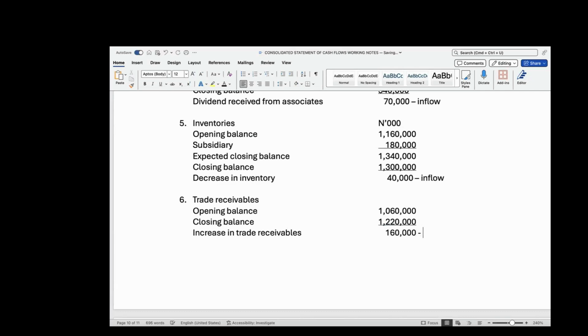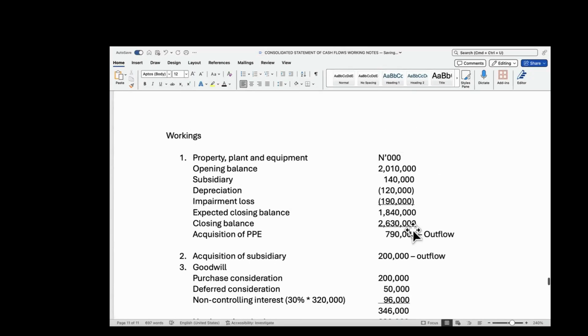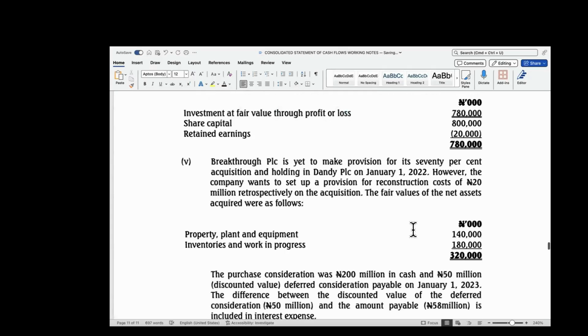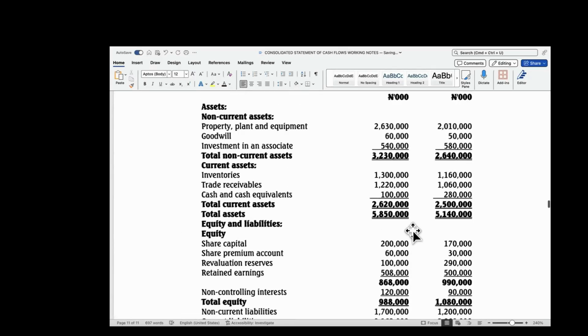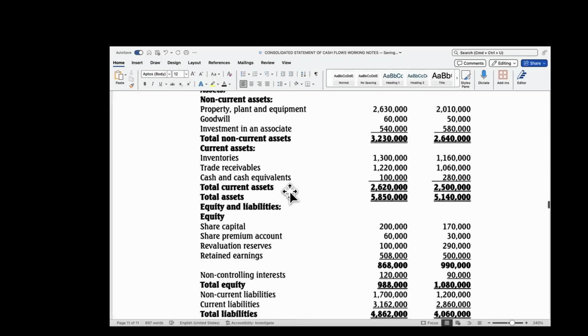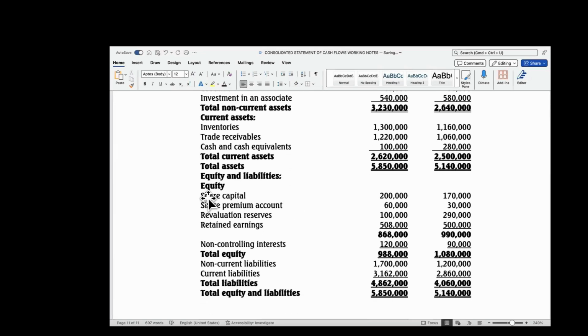Outflow. What's the next item? Cash and cash equivalents. No need to check the movement.